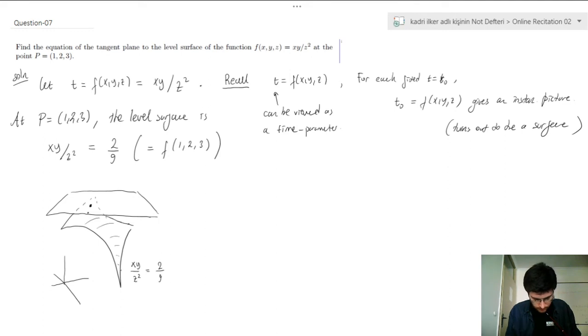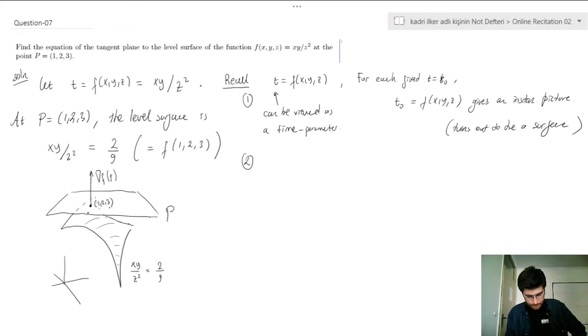And then we have a tangent plane here. This is the first recall. And the second recall is the gradient vector is exactly normal to that surface at the point P, which is the point (1, 2, 3).